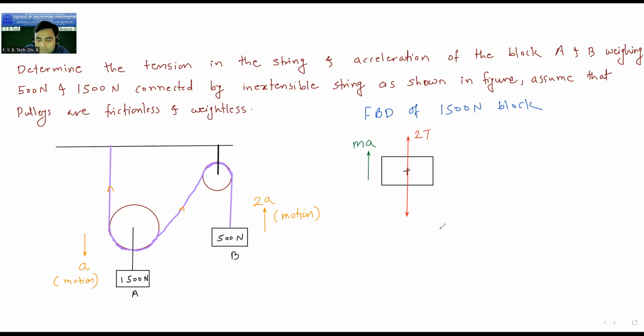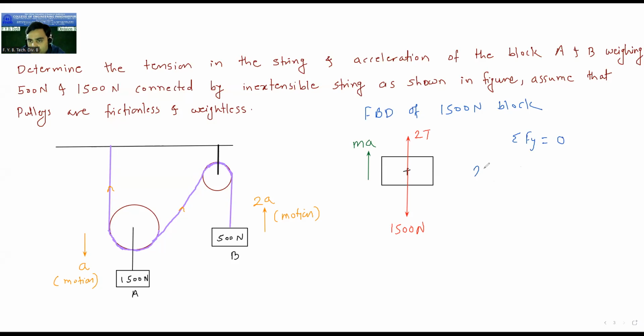Now solve it. Apply summation Fy equal to 0. What is the weight here? Here it is 1500 Newton. Now apply summation Fy equal to 0. Then how it will be?